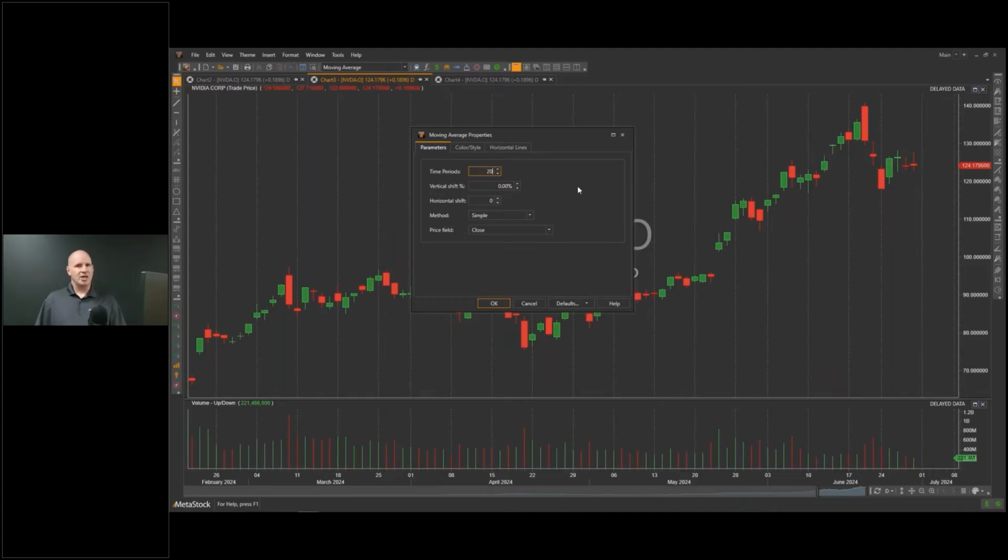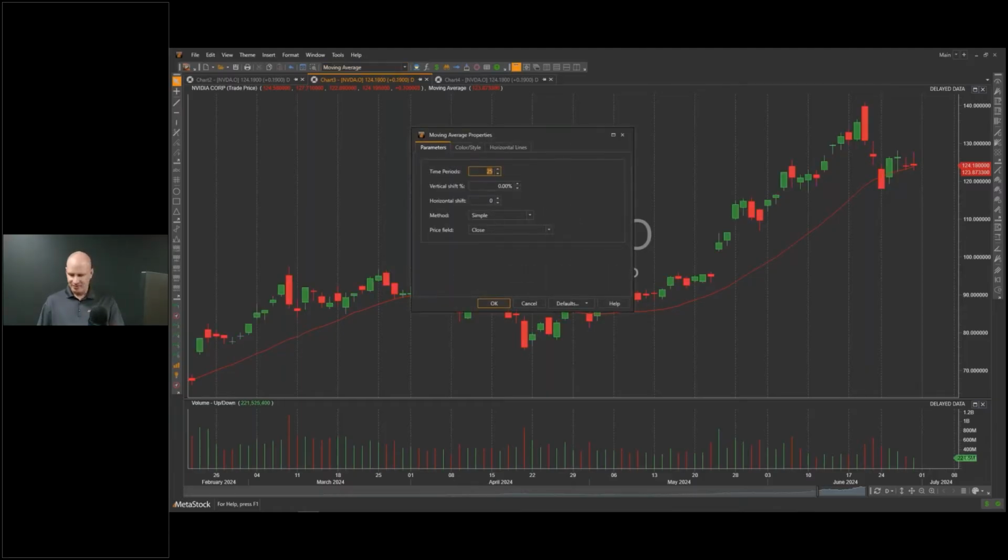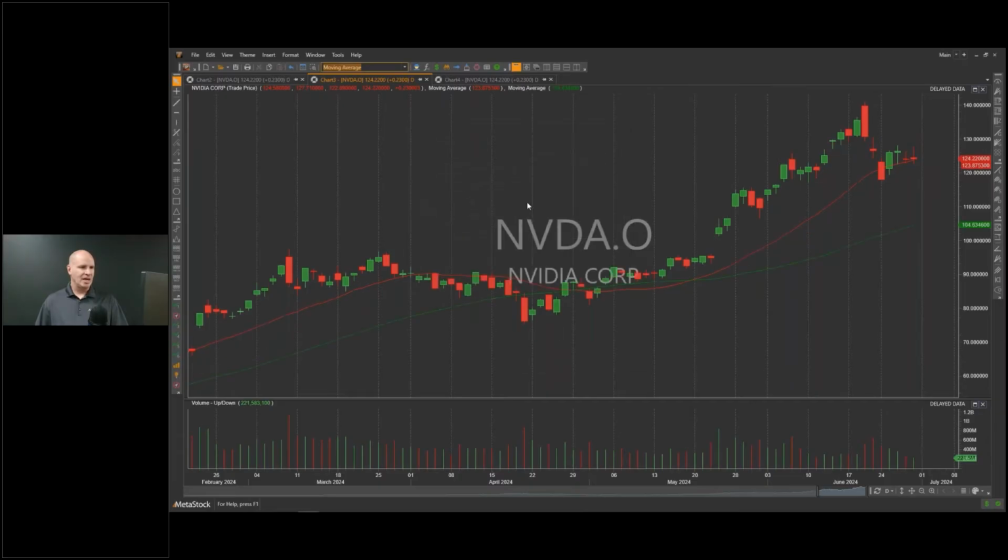And this is one of the challenges with moving averages: deciding what settings you should be using. So I could say, hey, I want a 20 period moving average, and then I want a 50 period moving average. I've heard that's a popular idea. So we can go in, we can change the color of that. Say that one's green. And I could keep adding moving averages.